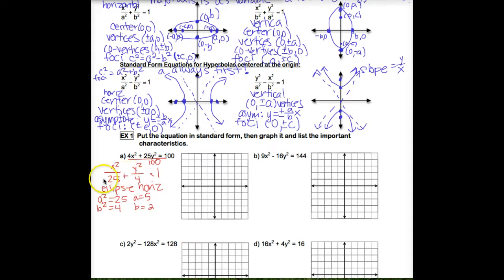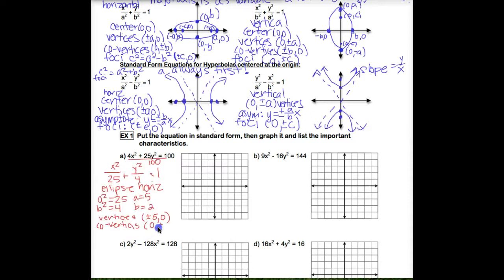So once I know a and b, I can plot my vertices and my co-vertices. So because a is 5, that means on the horizontal axis, I'm going to go 5 over each way. So plus and minus 5, 0. Your co-vertices, pen slipped there, are going to be at 0, plus and minus 2.